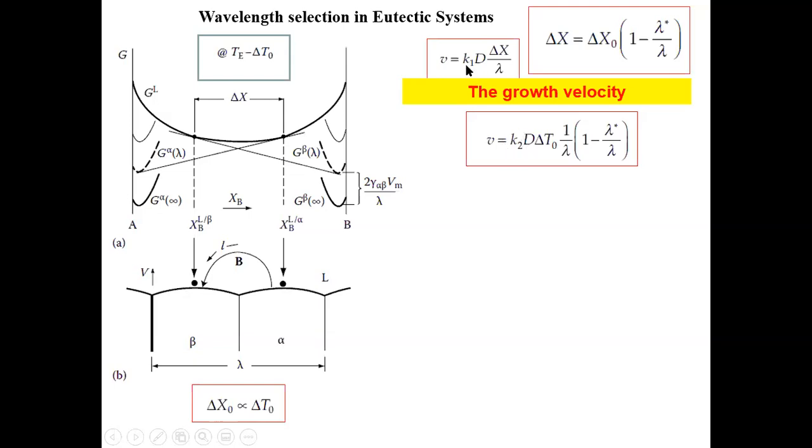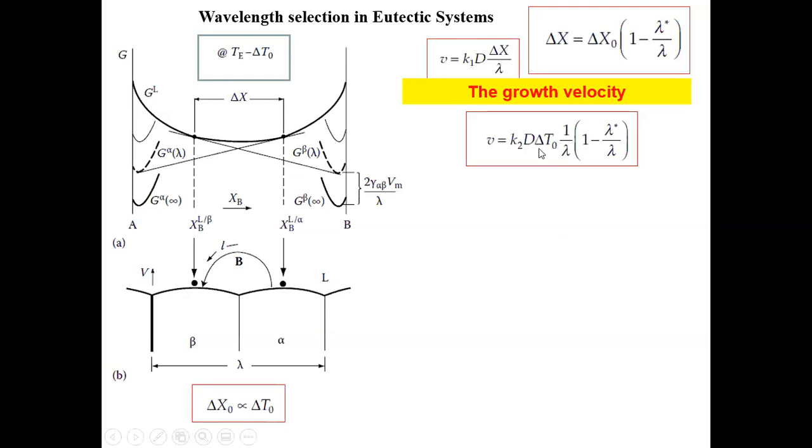The K2 and K1 are proportionality constants which will be determined by experiments, and probably tuned by the morphology of the solidification front as well. It's not quite important what exact symbol we use, and that's not essential.